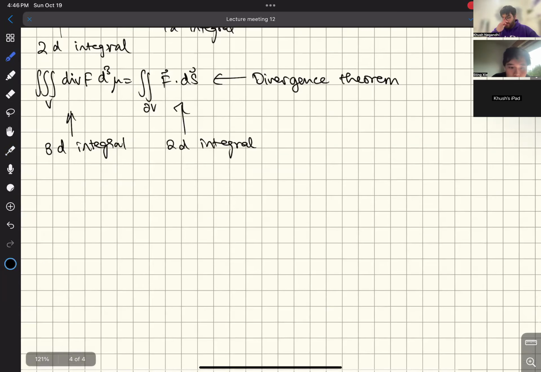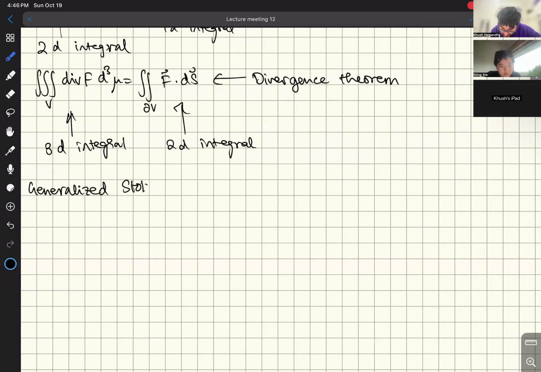Okay. And this is one of my favorite theorems in all of manifold theory, and it's called the generalized Stokes' theorem. And it says that the integral over a manifold of this thing called d omega is the integral over the boundary of the manifold of omega. So it turns out that this thing is actually universal for orientable manifolds.